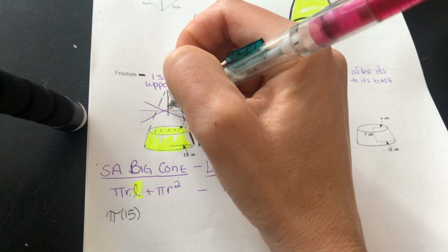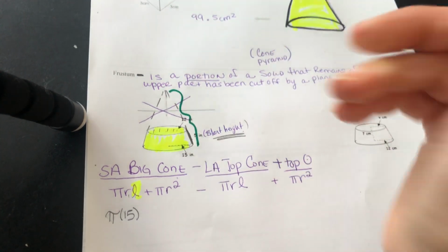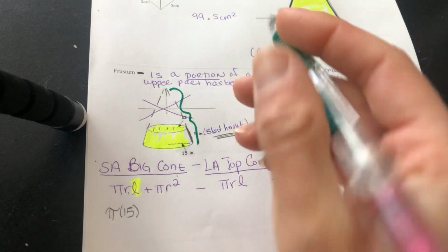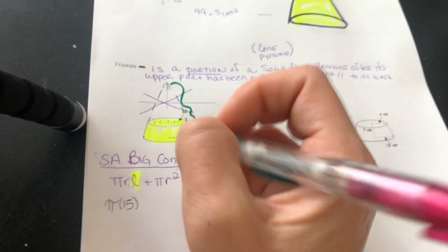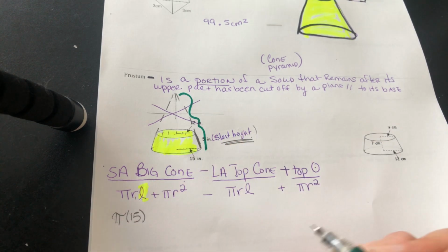What we have here is similar polygons. So when you have something that's similar, I can set up a proportion.